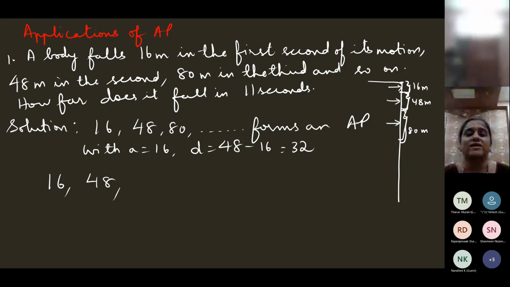So how far does it fall in 11 seconds? You analyze, you read every term. This is the distance covered in the first second alone, this is the distance covered in the second second alone, this is the distance covered in the third second alone. So every term of the AP represents the distance covered in a particular second.